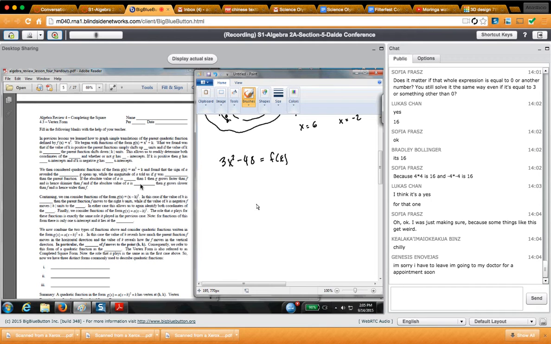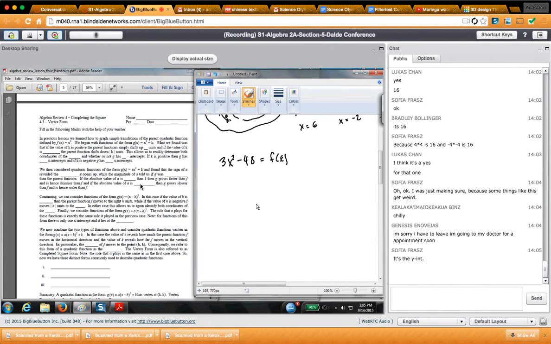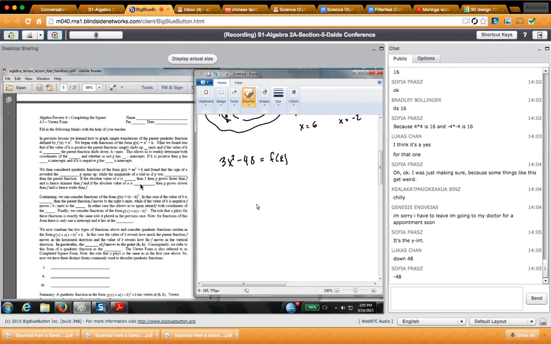What does the 48 do? It moves the y-intercept, and it also takes your parabola and pushes it down how much? 48. Very good. Okay. This 3 over here, what does that do?